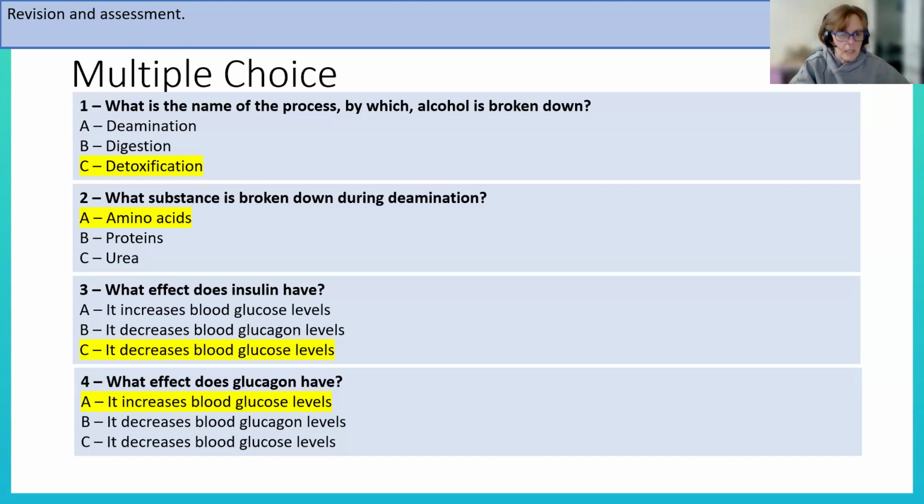The insulin is released from the pancreas, but it can decrease blood glucose levels by causing glucose to be stored in the liver, converted and stored as glycogen. And glucagon can increase blood glucose levels by directly stopping the take-up.